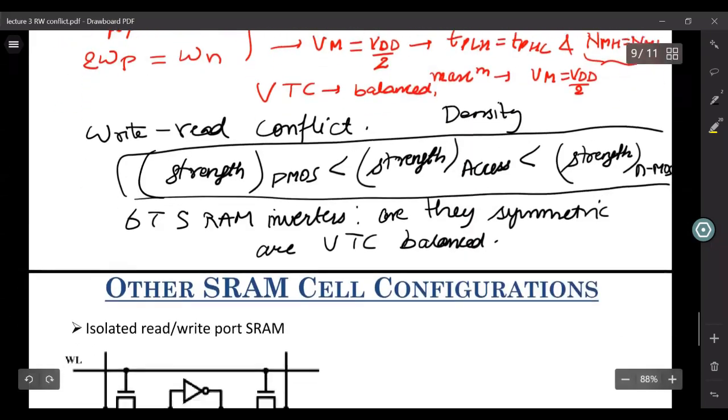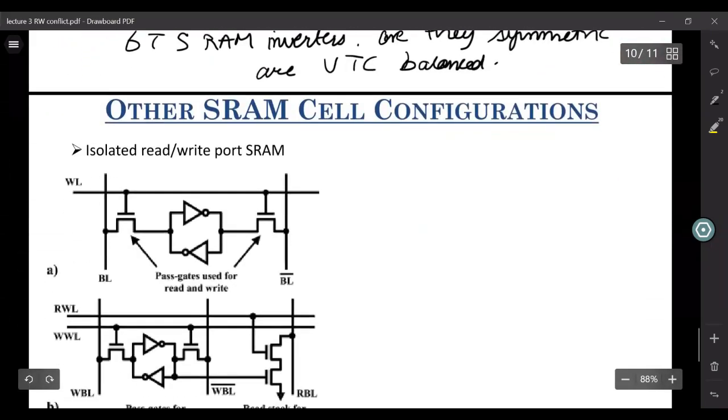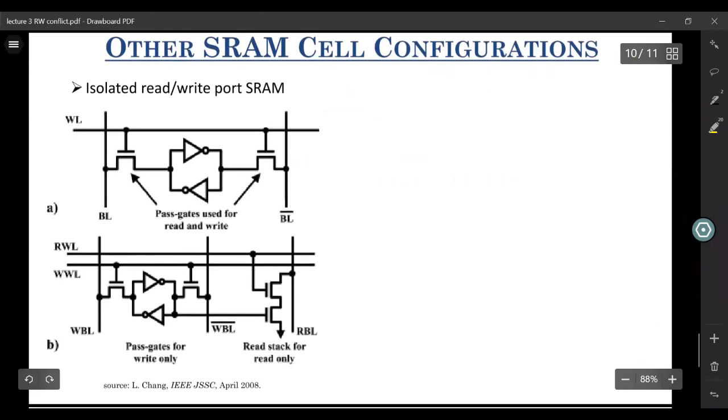But one should always understand that when you are increasing the number of transistors in your SRAM cell, you are reducing the density.